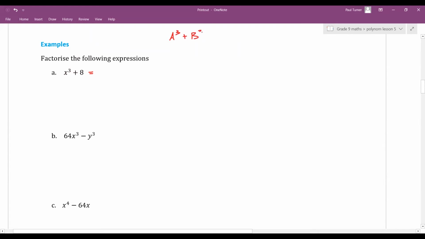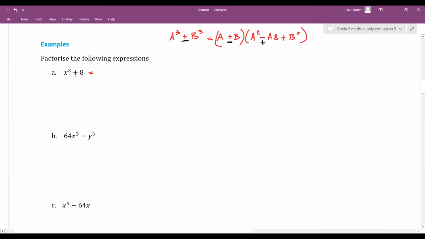A cubed plus b cubed will be a plus b, so same sign. Then we go to a squared minus ab plus b squared. And if you want to write it only once, we can put a minus there, and this will be plus. That would be for the difference of cubes in black.